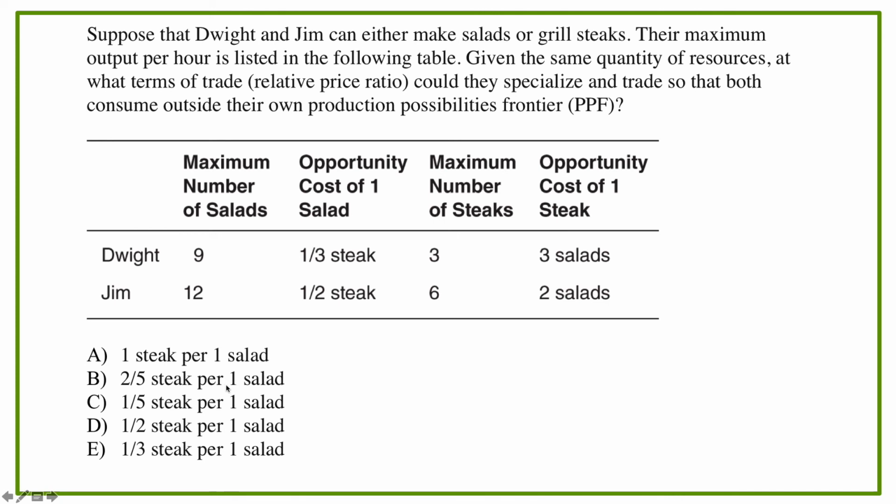Since the options are always per 1 salad, you have to use the opportunity cost of 1 salad column. So to find the terms of trade, you need to find a value which is between 1/3 and 1/2. And if you check the options, you will end up with option B. 2/5 is between 1/3 and 1/2. That's why the result should be B.